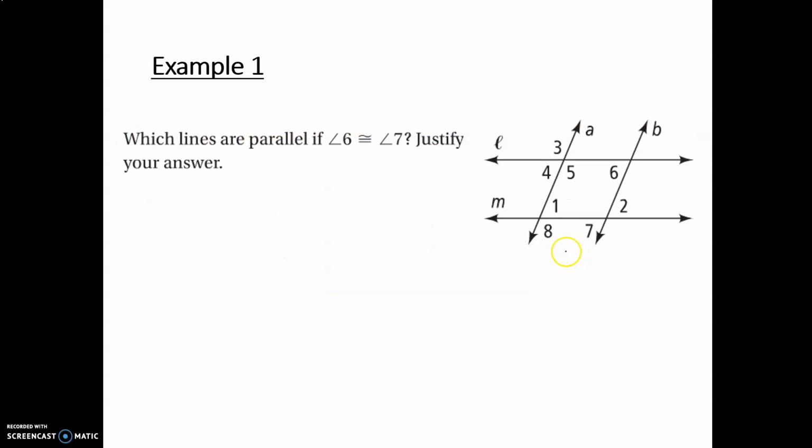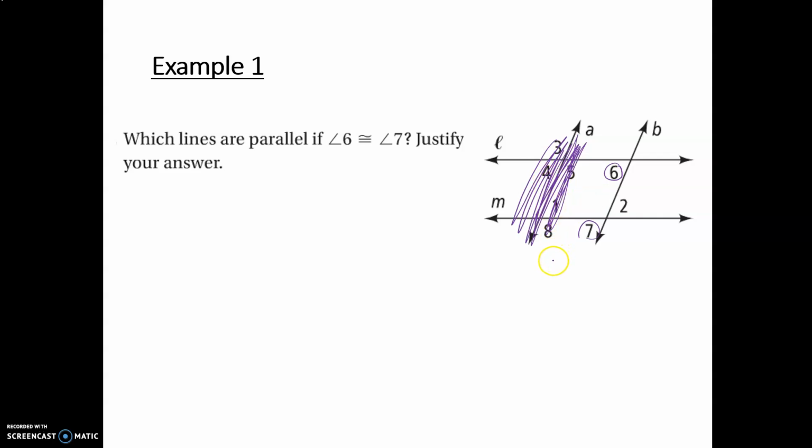All right, so let's look here. Hopefully you remember what I told you before about covering up the stuff you don't need. If you're only focusing on angle 6 and angle 7, you don't need any of this stuff over here, and I can't really show you covering it up with my hand, so I'm just kind of scribbling it out. So if 6 is congruent to 7, are my lines parallel?